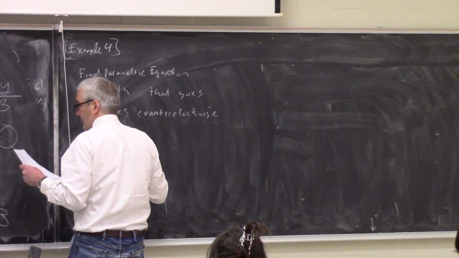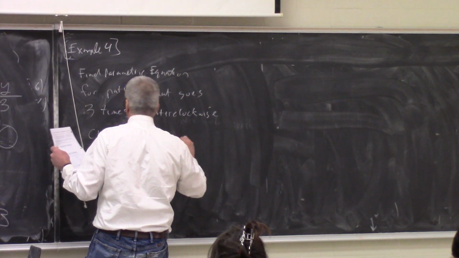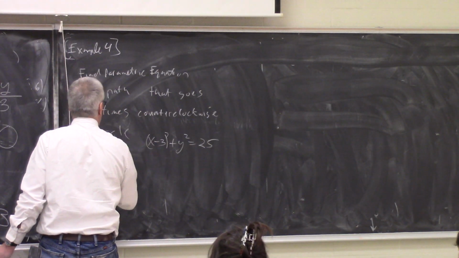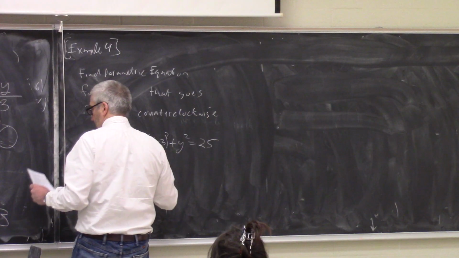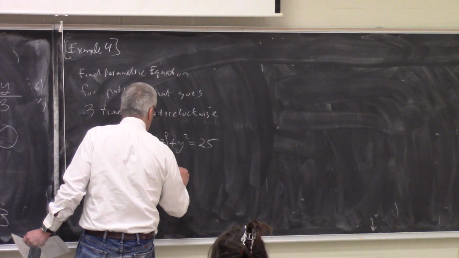The circle is x minus 3 squared plus y squared equals 25, starting at 3, 5.